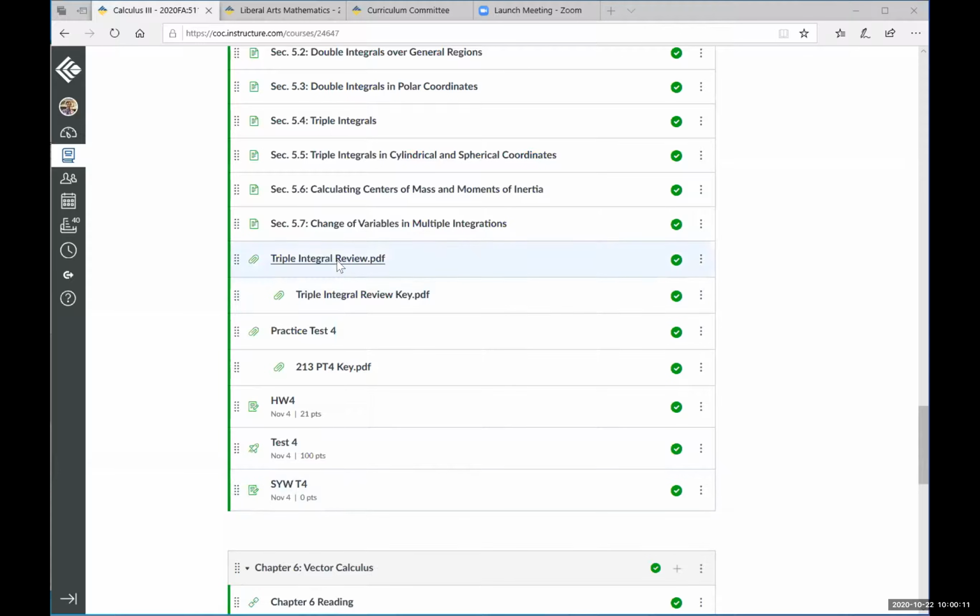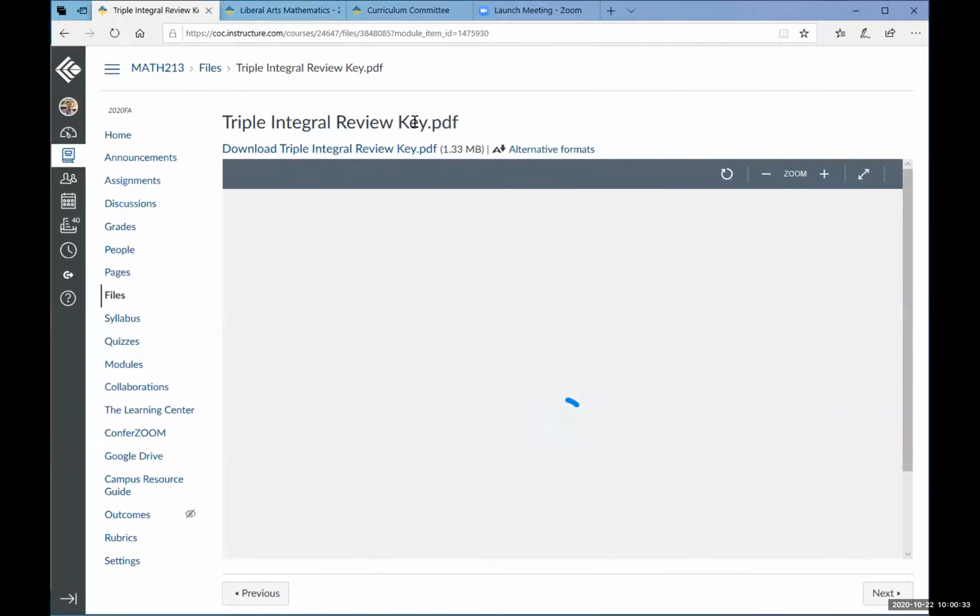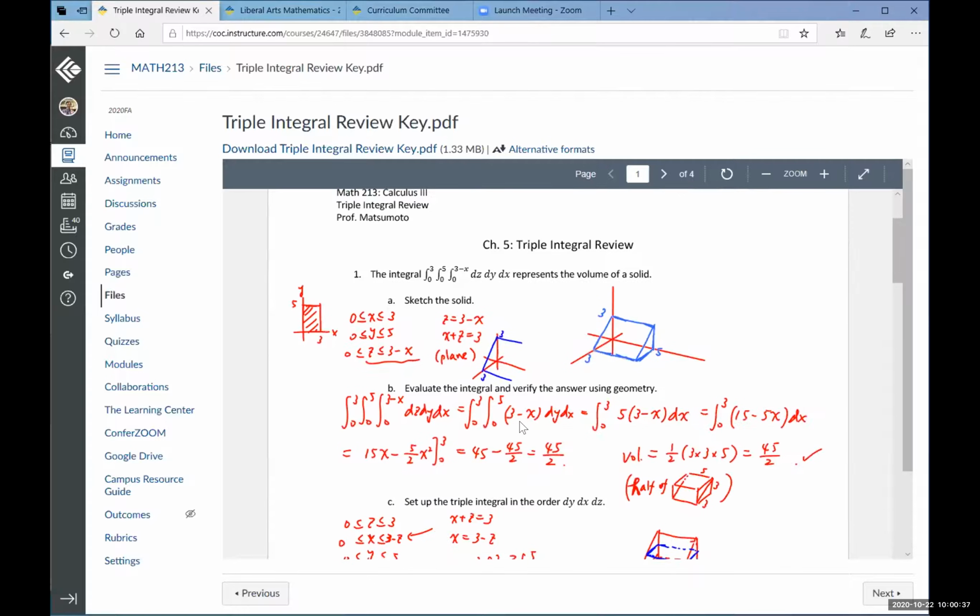The current video is on this topic, the triple integral review. You can print this out, and you should try all the problems you see here. Then I will be sharing with you this integral review key, and this is what I'll be discussing.